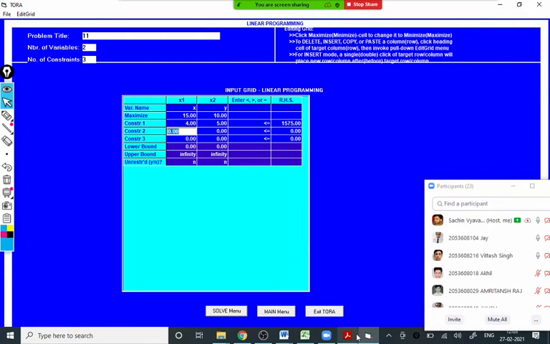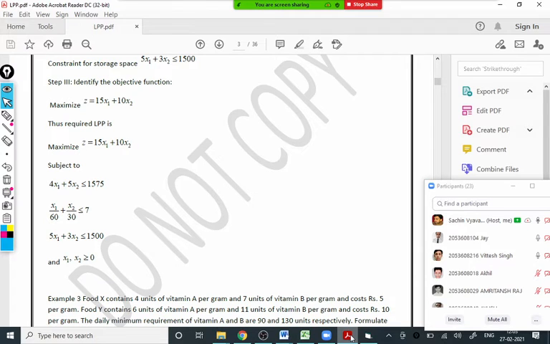Constraint 2 has fractions, so I will cross multiply.